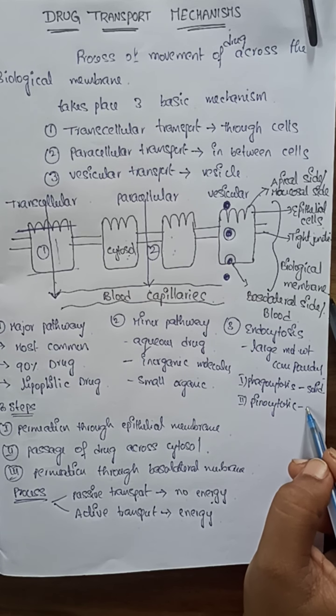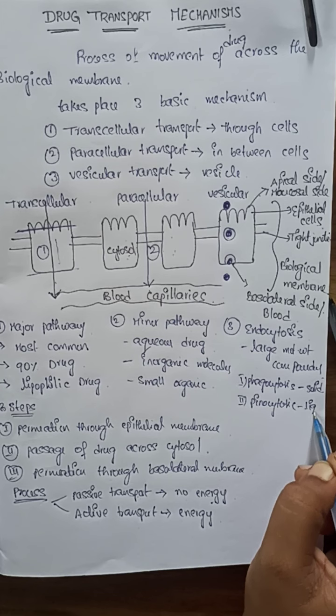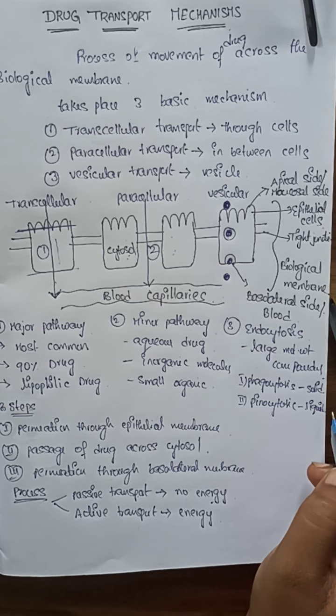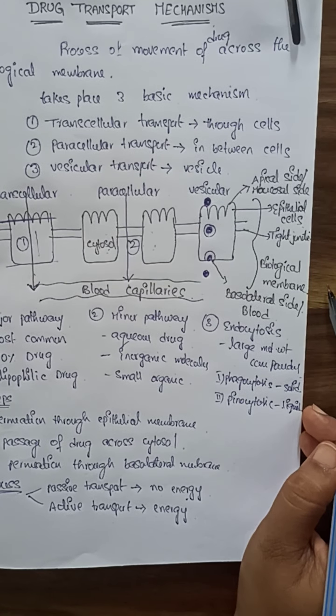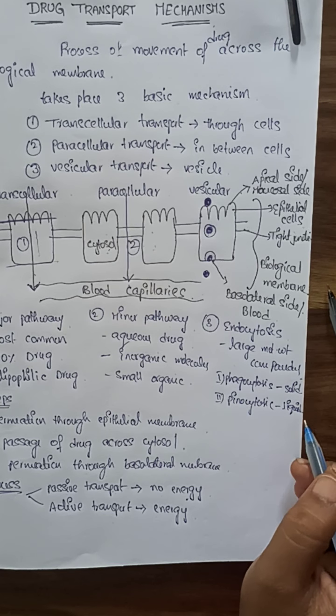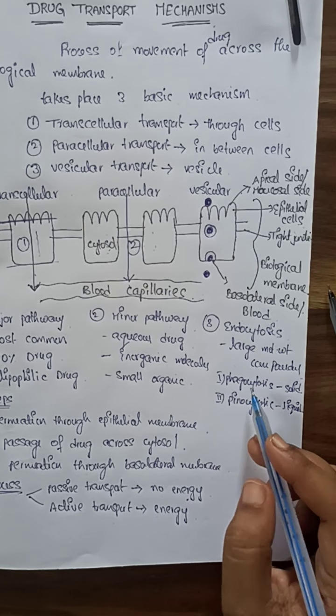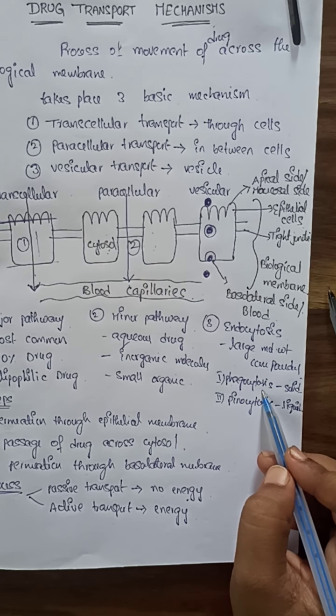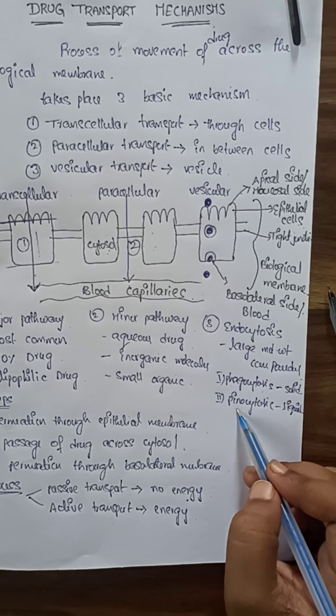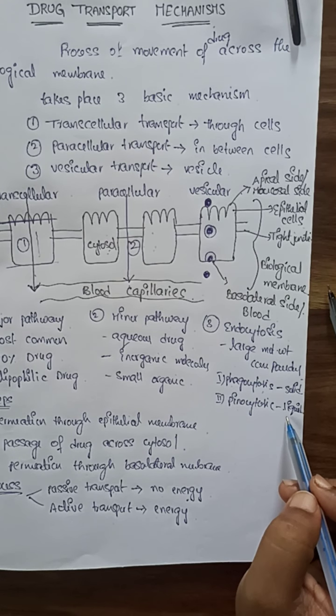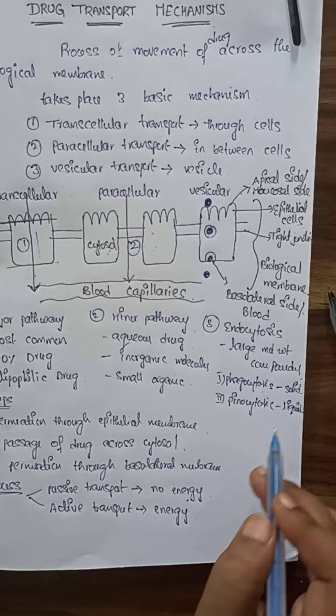Whereas if the drug is present in liquid or solution form and it is absorbed by the endocytosis process, it is known as pinocytosis. Simply, phagocytosis is nothing but cell eating, whereas pinocytosis is nothing but cell drinking.